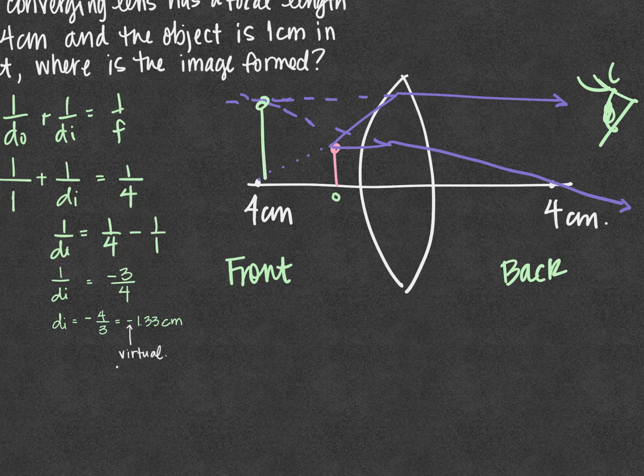So that image is virtual. It's not really there because these rays are virtual rays. It is an upright image, which also supports the fact that it is virtual, and it's enlarged. So this is a case where my converging lens behaves like a magnifying glass.